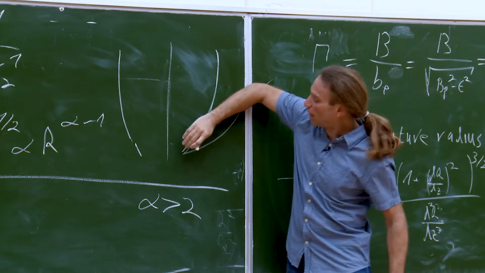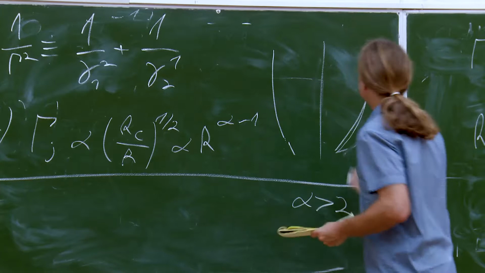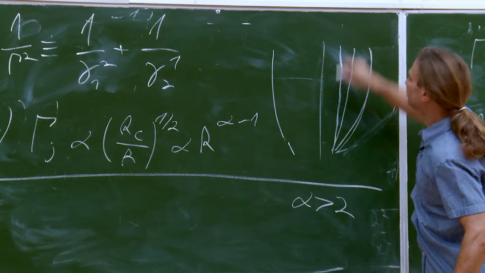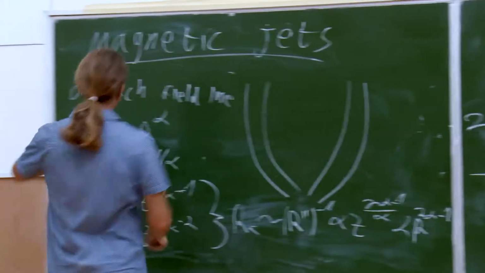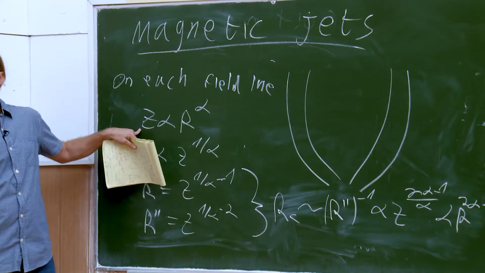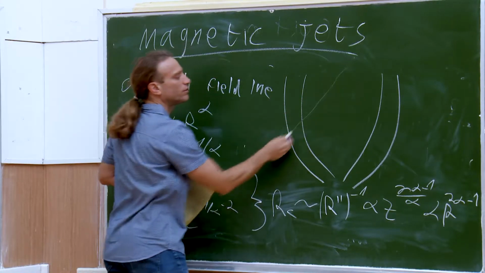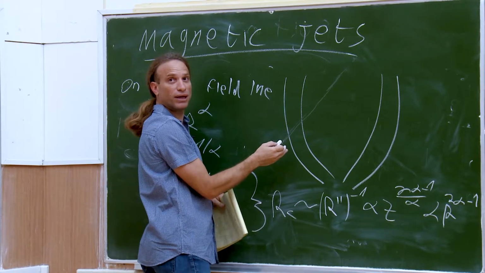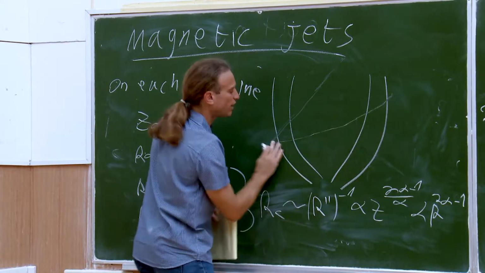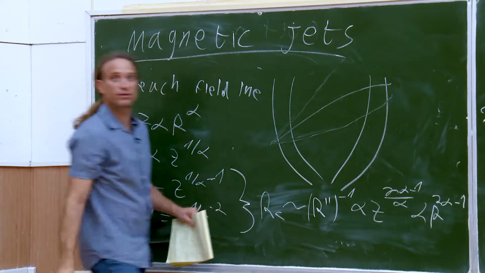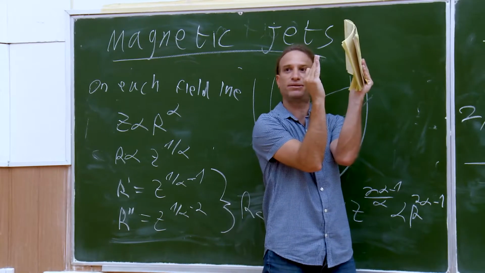The larger alpha gets, these are jets that are going closer and closer to the axis. When alpha is infinity, R is constant. When alpha is 0, I have a cone. When alpha is smaller than 1, I have something that opens like this. Okay? So large alpha means jets that are very narrowly collimated.